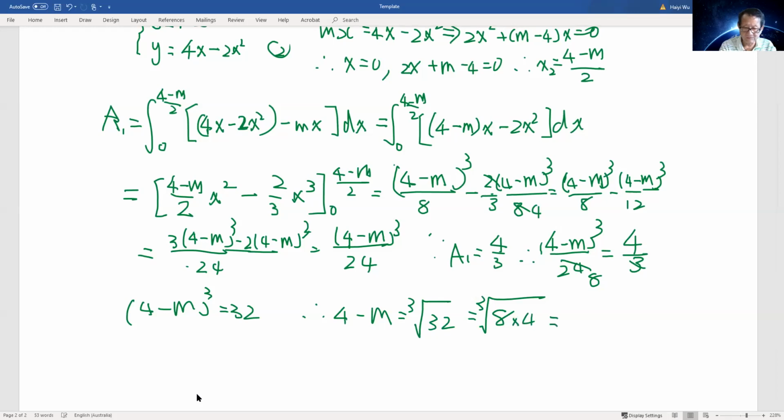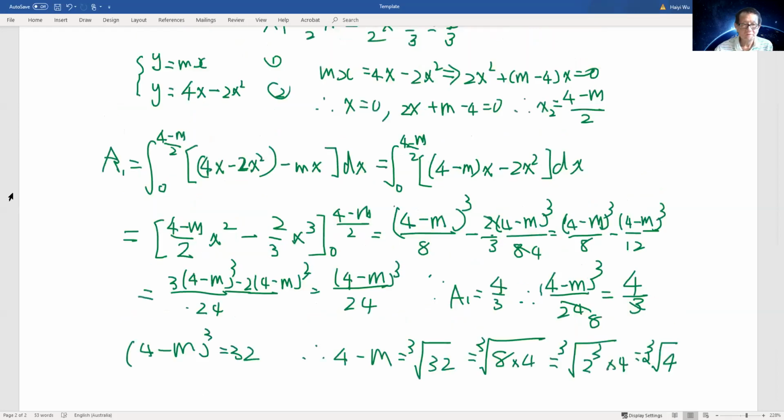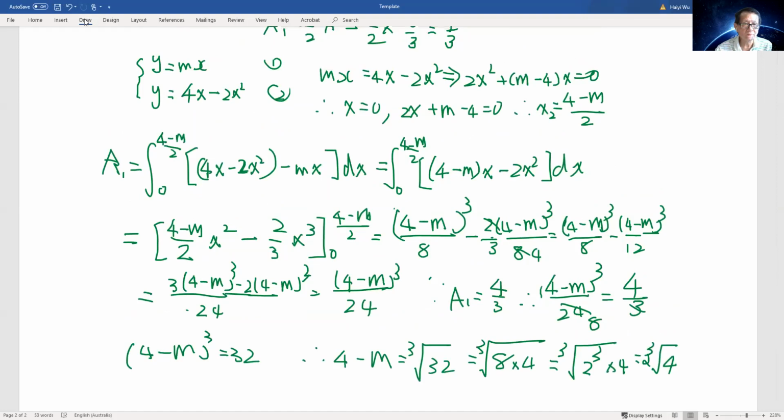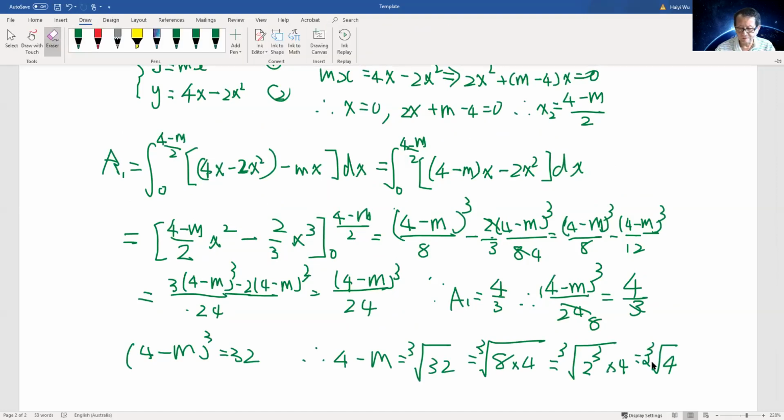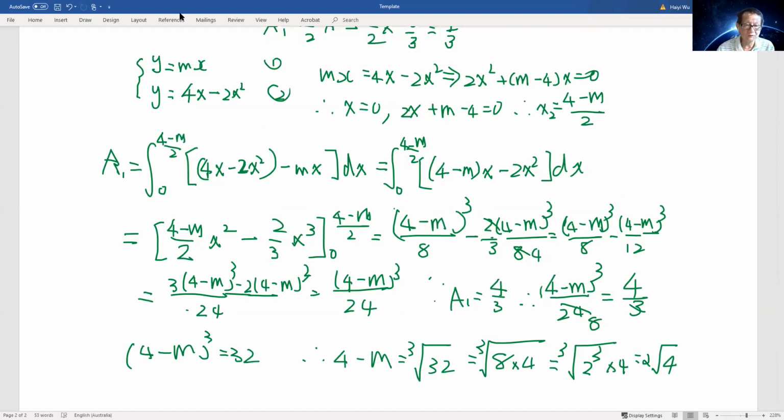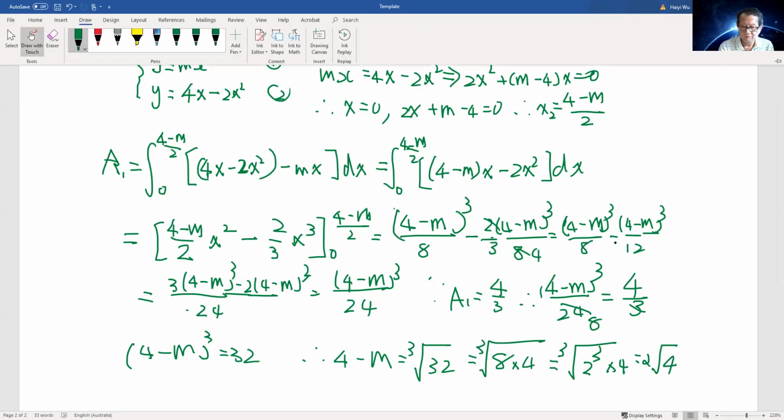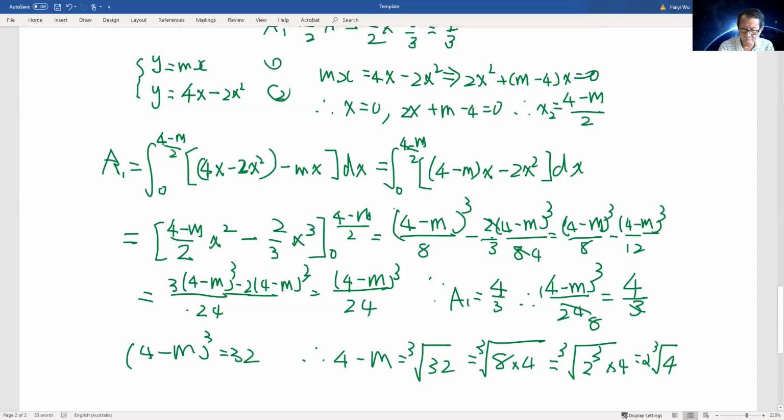8 is 2 to the power 3, so we can move 2 out. We put the cubic root on the top.